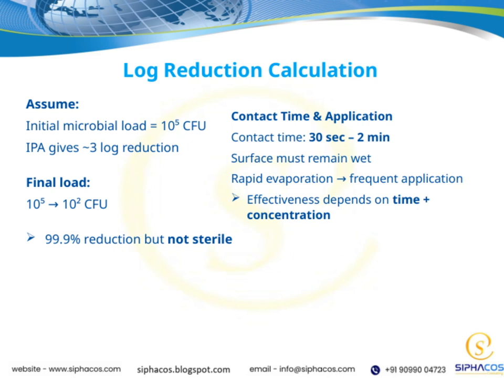This results in a 99.9% reduction in microbes, which is significant, but it's important to note that it doesn't mean the surface is sterile. It's a substantial reduction, but not complete elimination. This highlights the importance of proper application timing and concentration to maximize disinfection effectiveness in real-world settings.